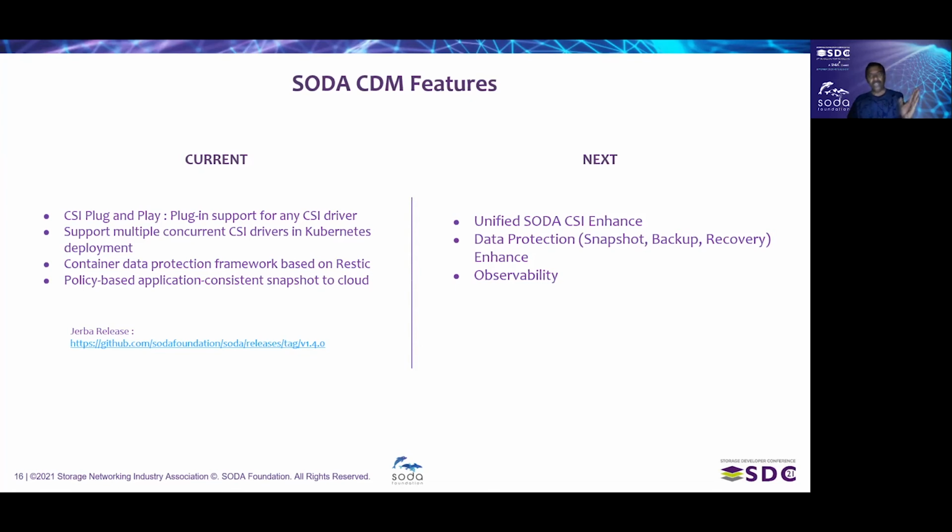And our idea is to enhance the unified CSI and have data protection and observability as some of the end-to-end features for CSI, Kubernetes, with or without CSI. Because some features, as I mentioned in data protection, the storage SIG has been discussing enhancing CSI to have data protection features and observability, also storage observability.